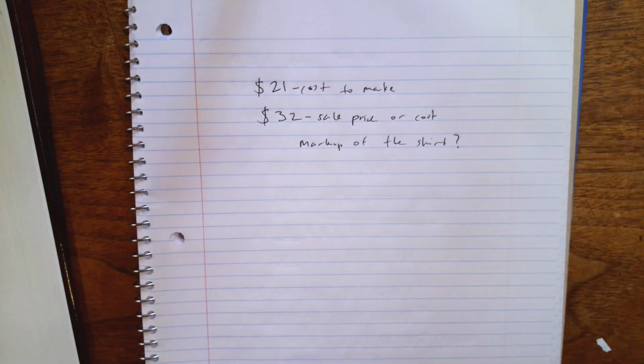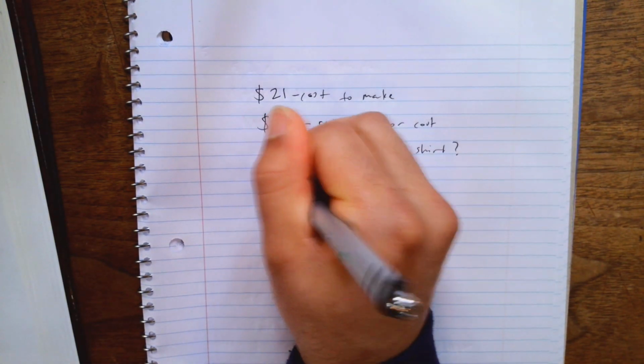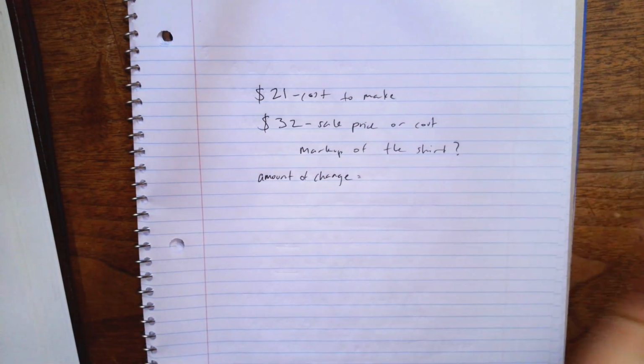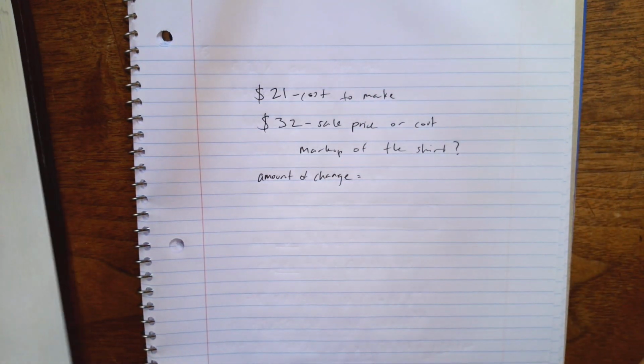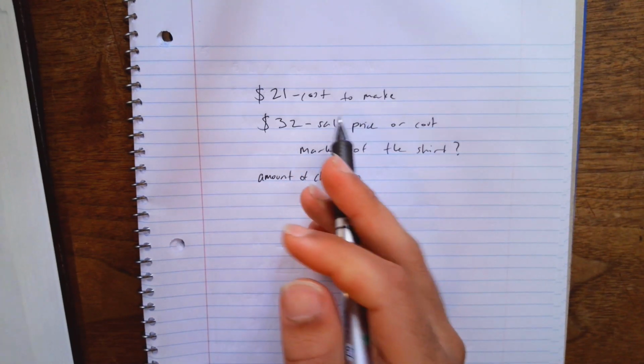So, what would be my first step in solving this problem? Yeah, that's exactly right. And so, how do we go about doing that? And so, if we subtract 21 from 32, that's going to give us a negative number.